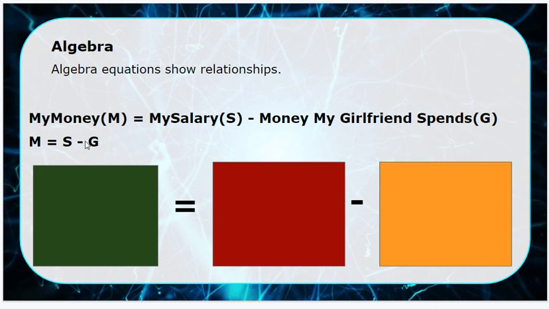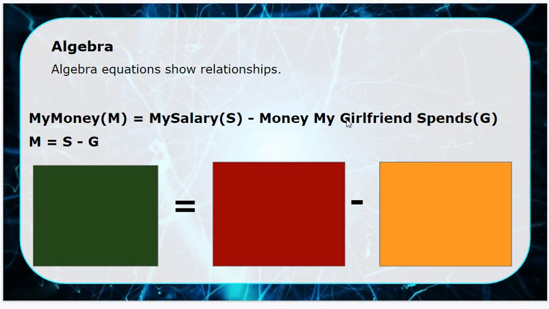So, an example is, how much money do I have? Let's say the letter M represents how much money I have. It's my money. Well, what affects my money? Well, if I have a salary from my job, that makes my money go up, right?